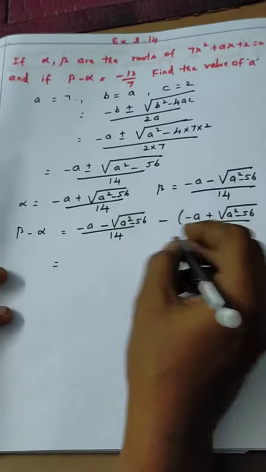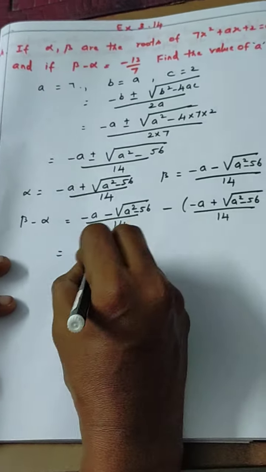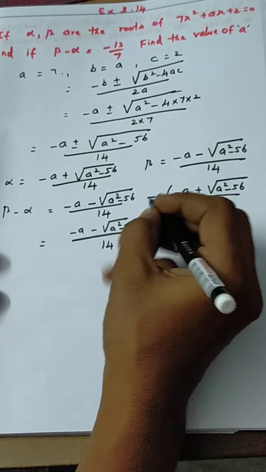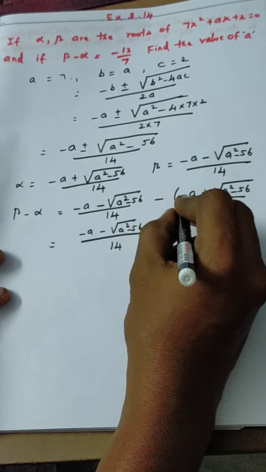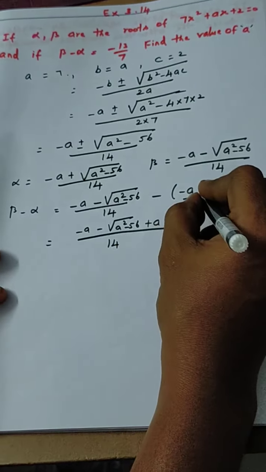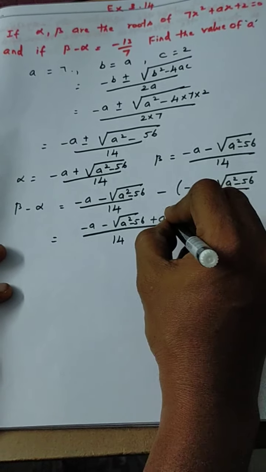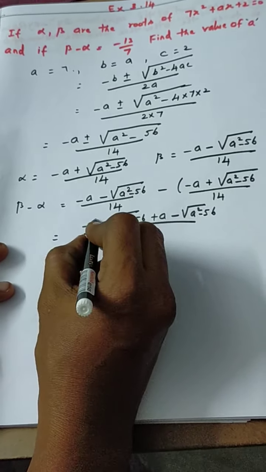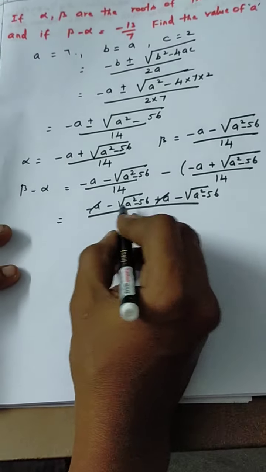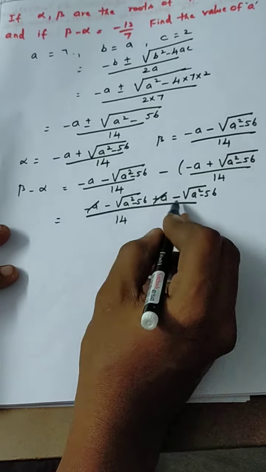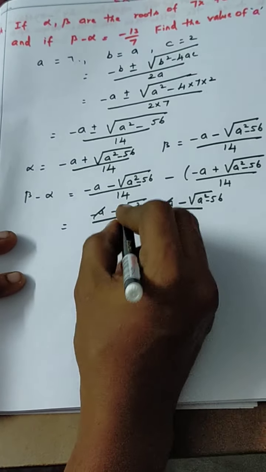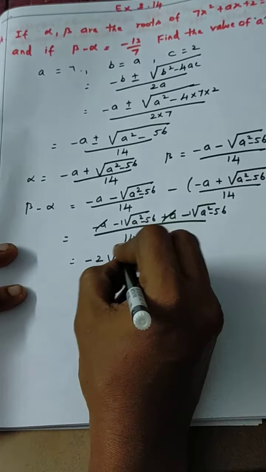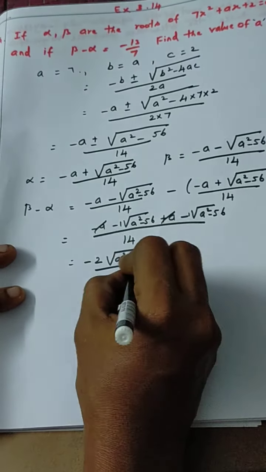Both terms have 14 common, so minus a minus root of a square minus 56, and the middle sign is minus, so minus into minus is plus, plus a, and minus root of a square minus 56. Minus a and plus a cancel. Then add the coefficients, same sign, minus 1 and minus 1, so minus 2 root of a square minus 56, divided by 14.